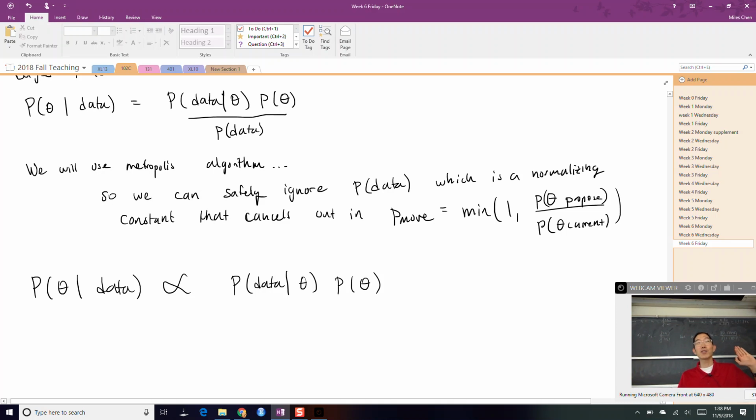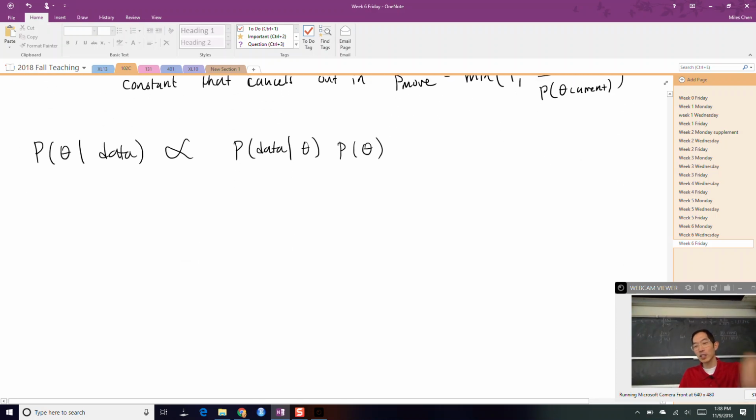That involves finding all 26 factorial, about 4 times 10 to the 26, possible mappings and asking what's the probability of getting this ciphered message for each one, which is not easy to do. It's practically impossible. Okay, so this is what we have.